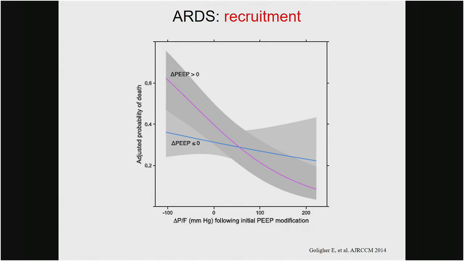He demonstrated that patients that have a response in terms of oxygenation, so an increase in PF ratio by increasing PEEP, okay, so patients that have some recruitment induced by increasing airway pressure, have a lower mortality. Okay, so that's very, very interesting. Okay, next.